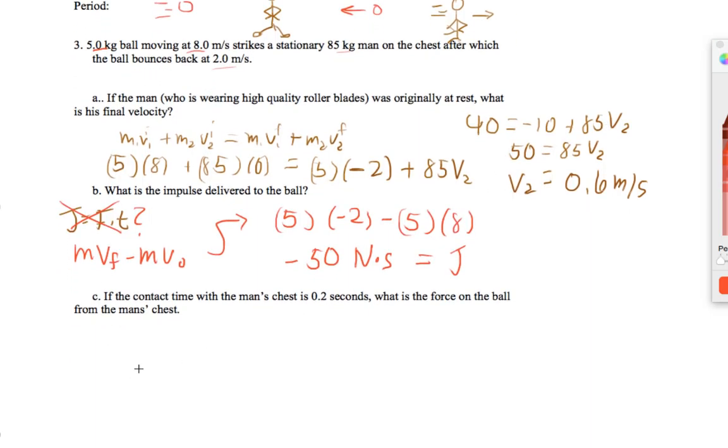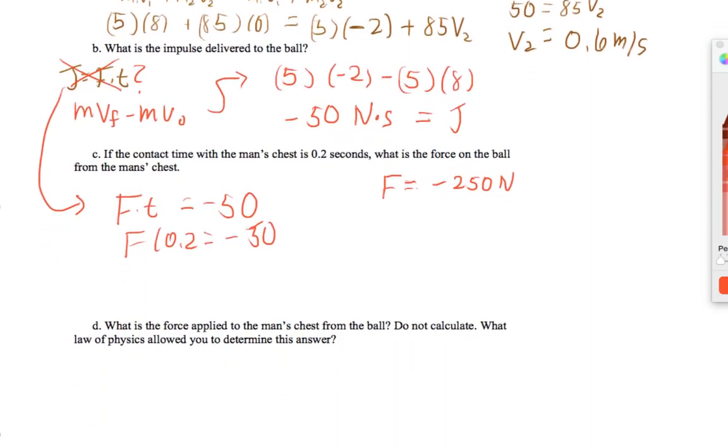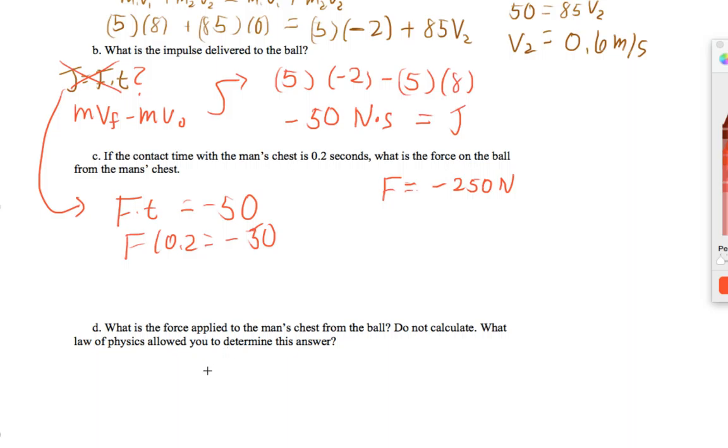Now, if we want to get the force, we use this formula down here. Force times time equals negative 50 Newton seconds. So we have force times 0.2 equals negative 50. And so we end up getting a force of negative 250 newtons acting on the ball. And then for part D, what is the force applied to the man's chest?